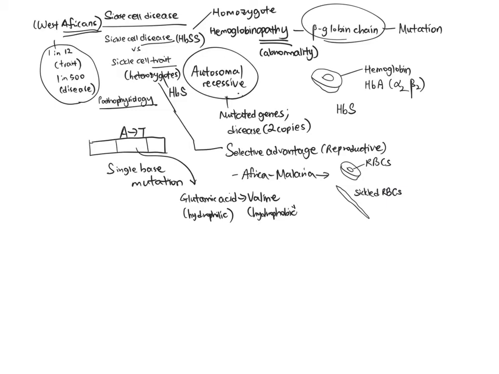So because it is hydrophobic, it's a lot less soluble, and it tends to precipitate out under conditions of low oxygen tension, and it can form long fibers of polymers, and it can precipitate out due to low solubility as well.